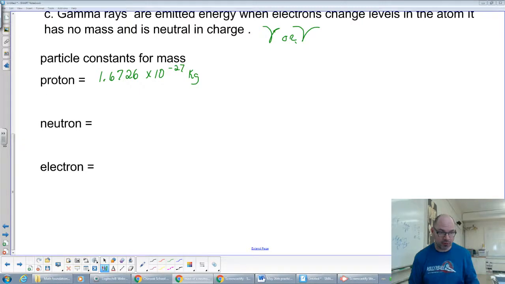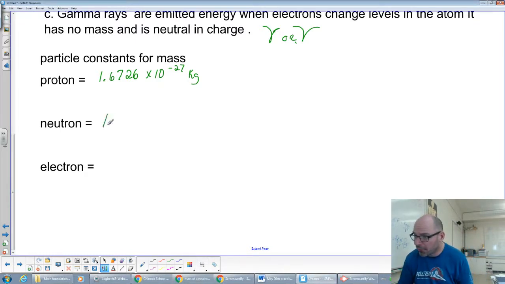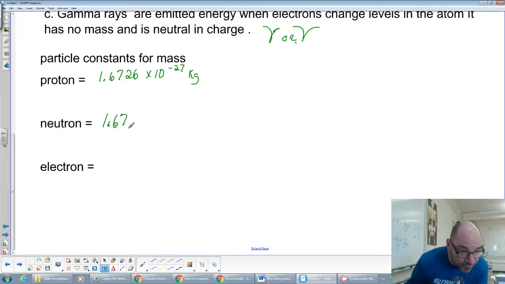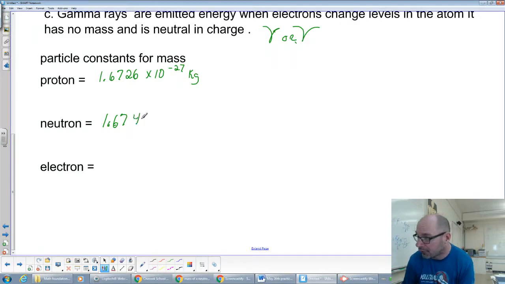Okay, so a neutron, let's see here. There it is. 1.67. Sorry, guys. 1.67, and it's slightly heavier. It's 1.6749 times 10 to the negative 27 kilograms.